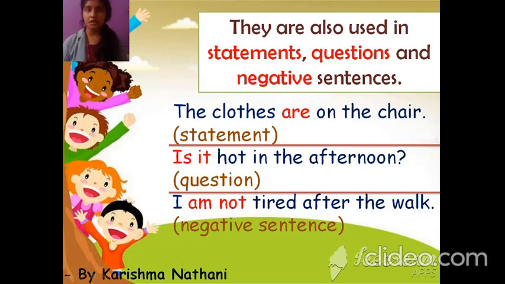It is a question. Third one is, I am not tired after the walk. It shows a negative sentence. A negative sentence tells us that something is not happening. So we can use am, is and are in a statement, question and negative sentence.